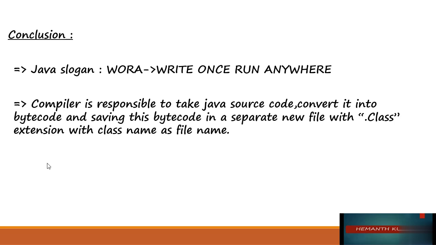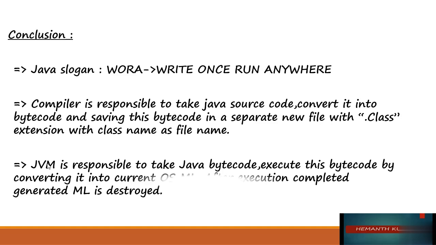Compiler is responsible to take Java source code, convert it into bytecode, and save this bytecode in a separate new file called .class file, with the class name as the file name. JVM is responsible to take Java bytecode and execute it by converting it into the current OS machine language. After execution completed, the generated machine language is destroyed.